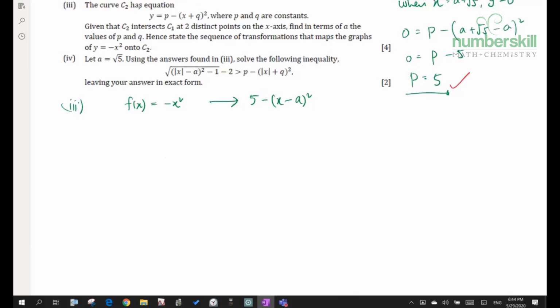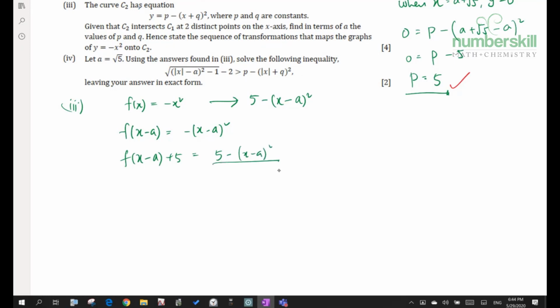That's what you need to do. It's not hard, right? So first thing, x minus A gives you this. And then of course x minus A plus 5 gives you this. All right, done.